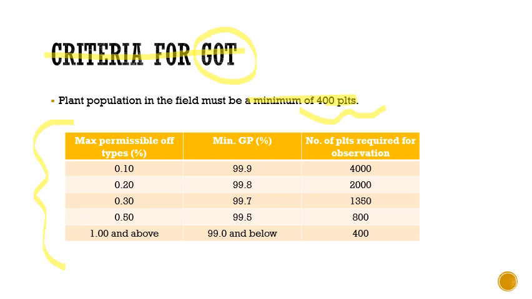If the maximum permissible off-type percentage is around 0.10, then the minimum genetic purity percentage is 99.9 and the minimum number of plants required for observation is 4000. And if the maximum permissible off-type is 1 and above, then the minimum genetic purity percentage is 99 and below, and the number of plants required for observation is 400.